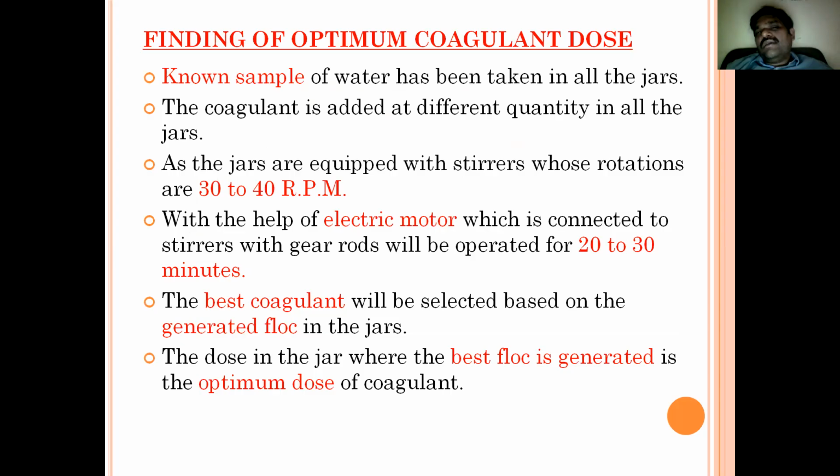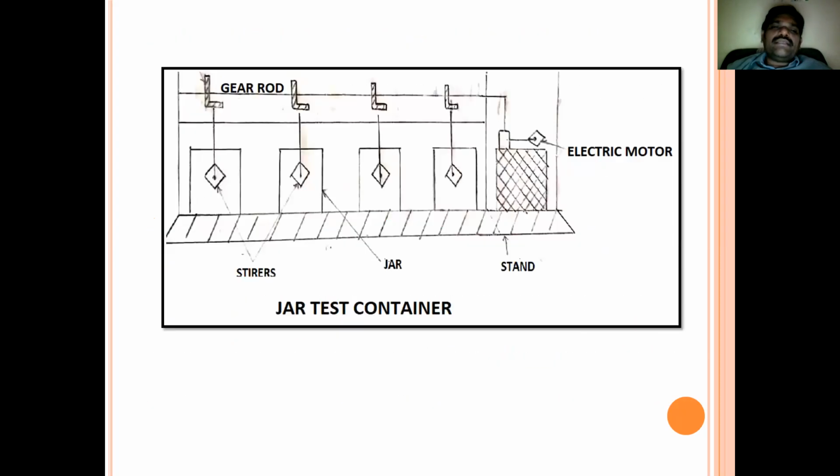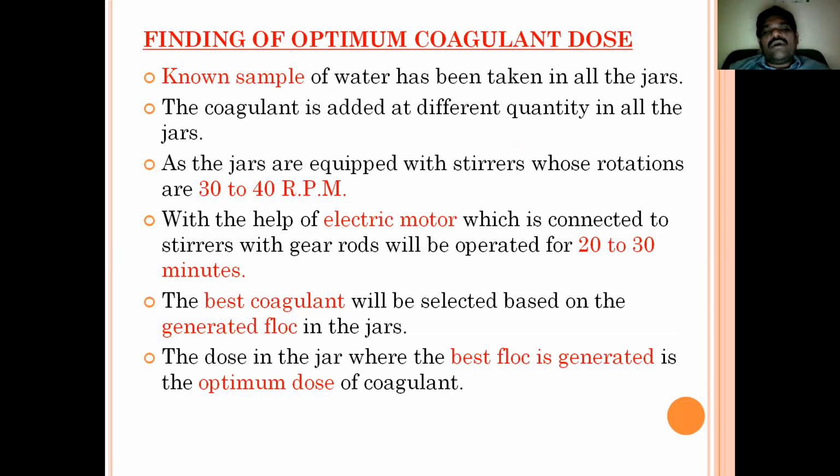Understand? Different quantities of coagulant will be added in different jars to the known amount of water. The quantity of water sample is the same, but the quantity of coagulant differs in each jar. Wherever we got the best floc, that quantity is the optimum dosage of coagulant.